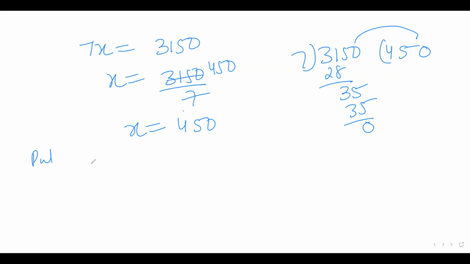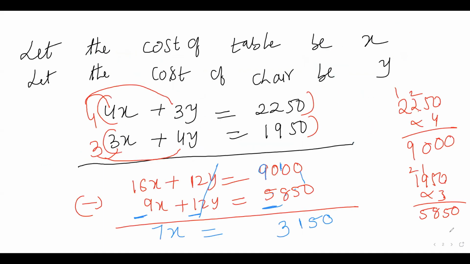Put x is equal to 450 in equation 1. What is our equation 1? 4x plus 3y is equal to 2250.